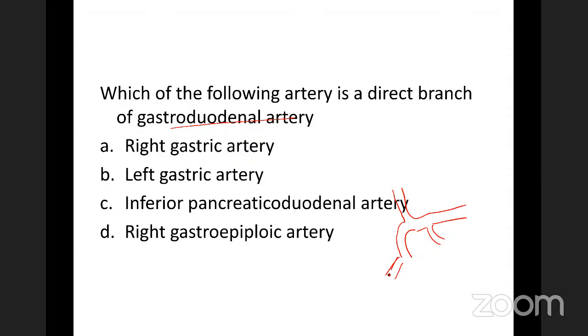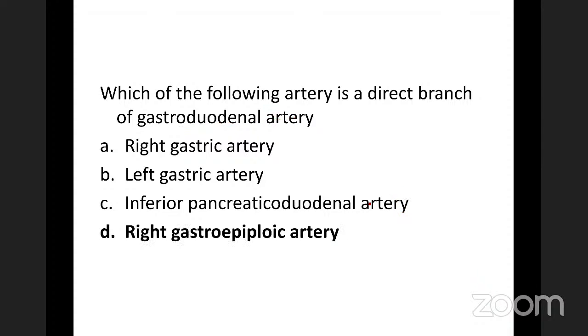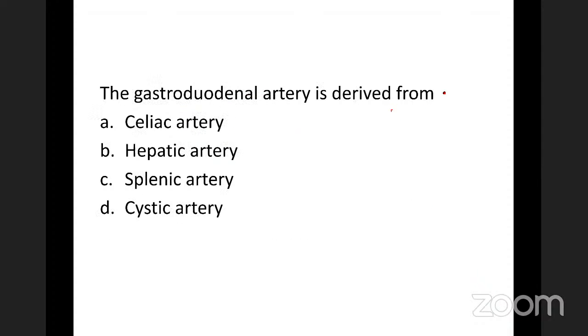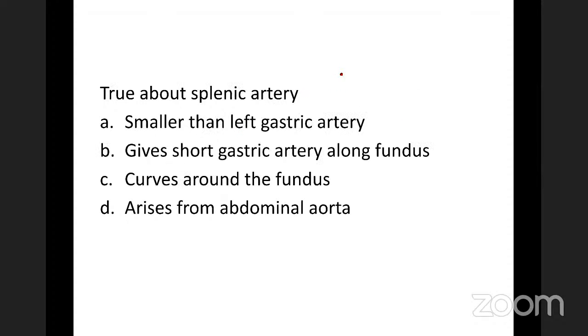Gastroduodenal artery gave rise to superior pancreaticoduodenal artery and right gastroepiploic artery. So the direct continuation of the gastroduodenal artery is the right gastroepiploic artery. The gastroduodenal artery is derived from the common hepatic artery.